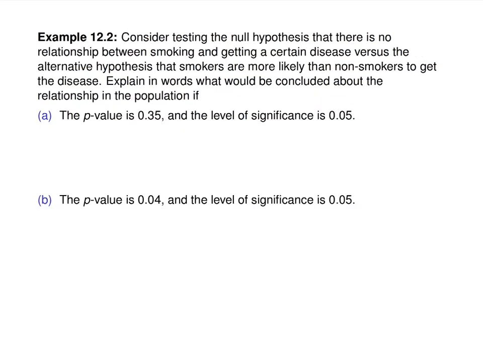Consider testing the null hypothesis that there is no relationship between smoking and getting a certain disease versus the alternative that smokers are more likely than non-smokers to get the disease. Explain in words what will be concluded about the relationship in the population if your p-value is 0.35 and the level of significance is 0.05. Well, this 0.35 is bigger than 0.05.